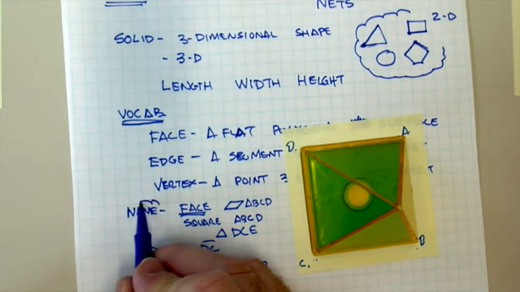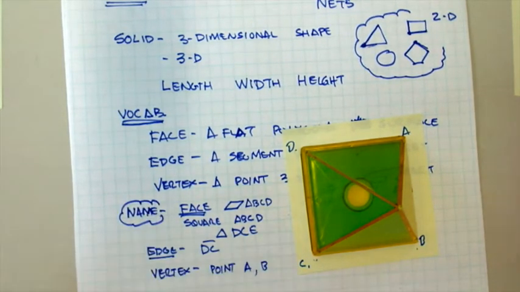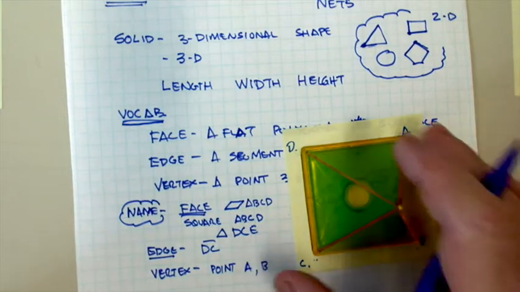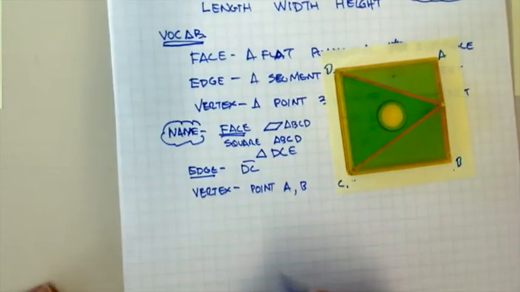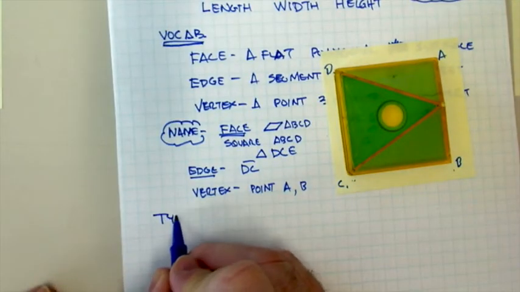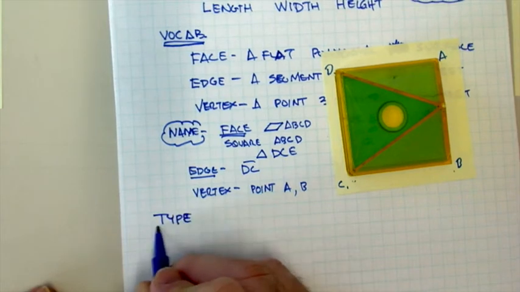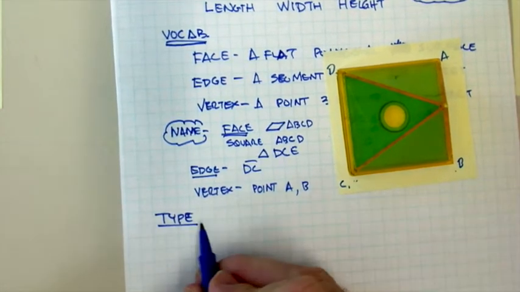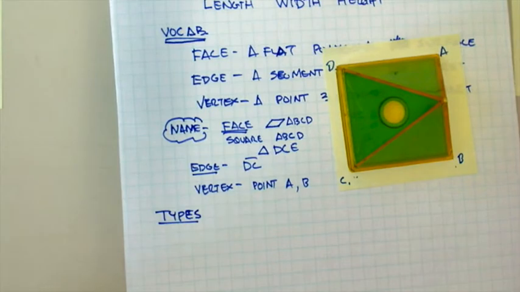Okay? So now we have learned to name each one of those. Next, what I'd like to do is talk about the different types of solids that we're going to go over in this unit. So these are the types, in no particular order. We're just going to name these out.